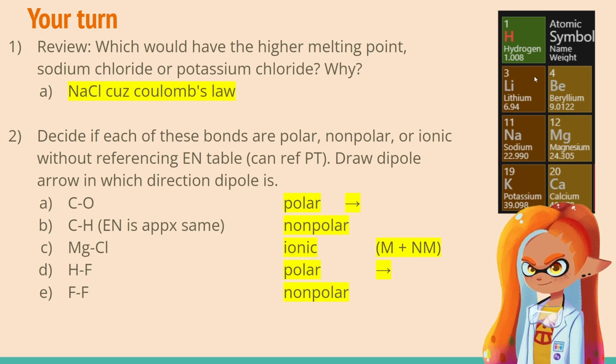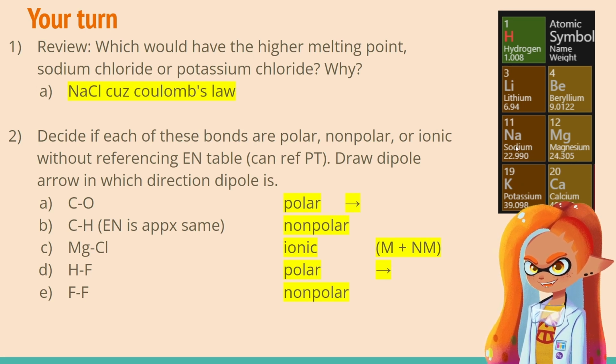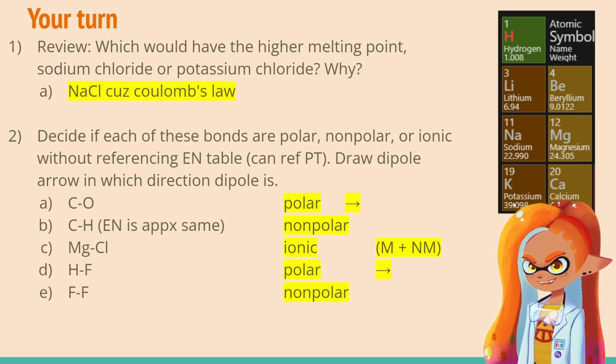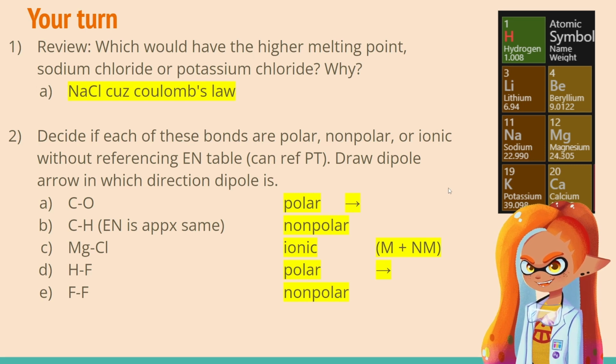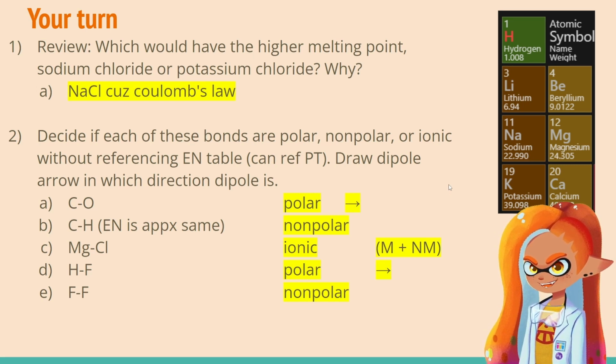So looking at this PT over here, because I'm going to use it as a reference while I talk about my explanation. So sodium has a smaller sized atom compared to potassium. Sodium has 3s, versus potassium has 4s as its energy levels. And so since sodium has a smaller sized atom, its nucleus can attract with a higher electrostatic force between the sodium and chloride ions.